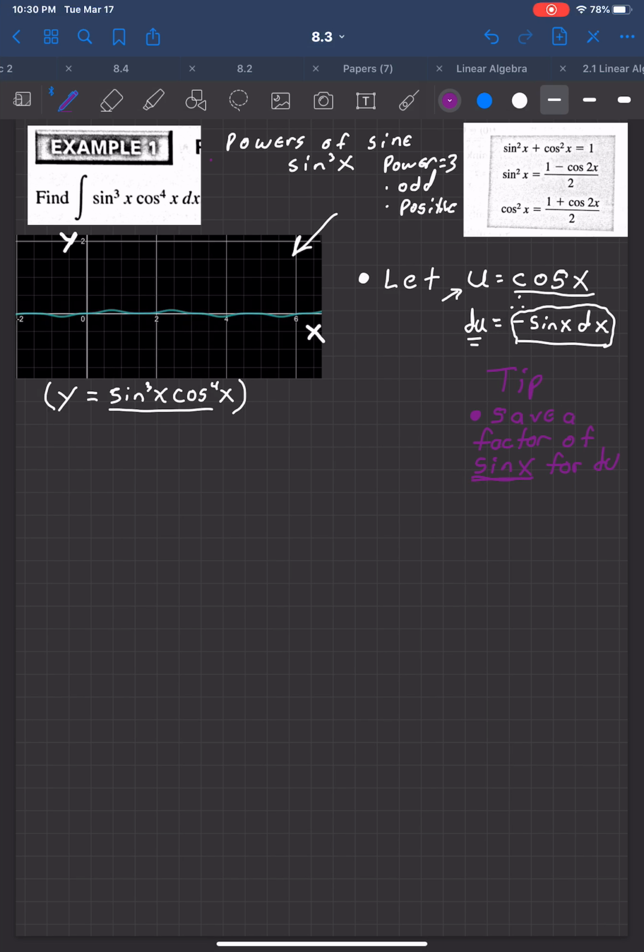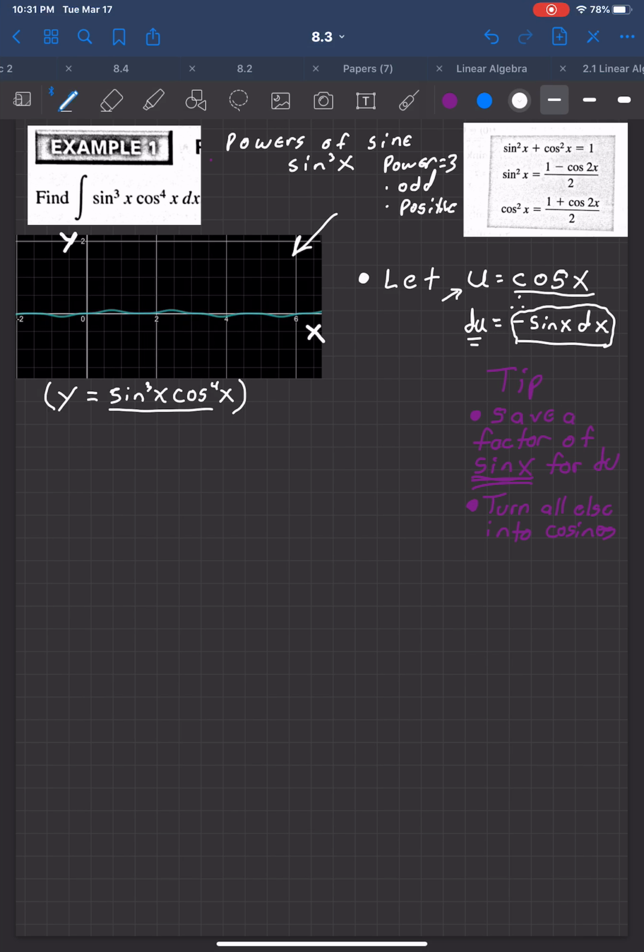So I got to save me a sine of x. We're going to pick a sine of x and keep it for later, and then we're going to turn everything else into cosines. We're going to use these identities that we have access to turn everything else into cosines after we save one sine. Ready? No more talking.